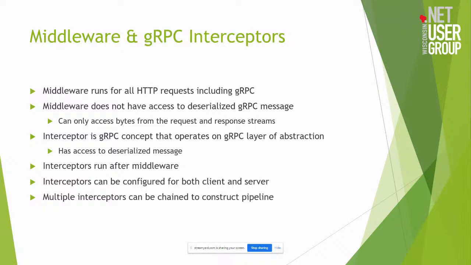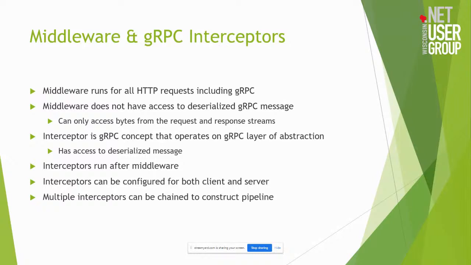So if you're looking to read the actual message, you will not be able to do it in the middleware. You will have to have the gRPC interceptor, which operates on a level of abstraction of gRPC. So it does have access to the deserialized message. And interceptors do run after middleware, so the order of this is important.